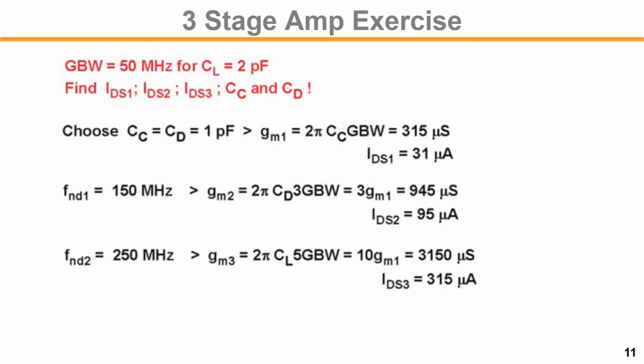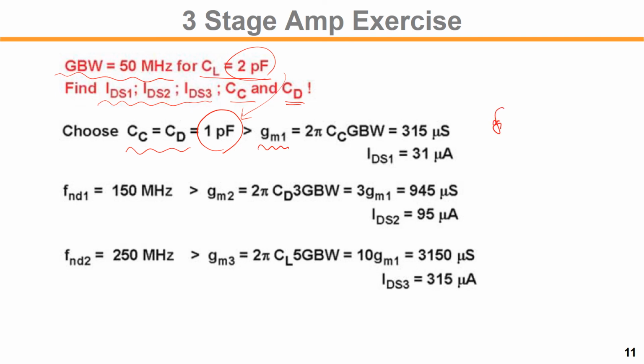This is the three-stage amplifier design example. Let's say our required FU is 50 megahertz for a load capacitance of 2 picofarad. So let's find the current level and CC and CD. If you choose CC and CD approximately the same, but half of the CL, then the overall GM1 would be what?